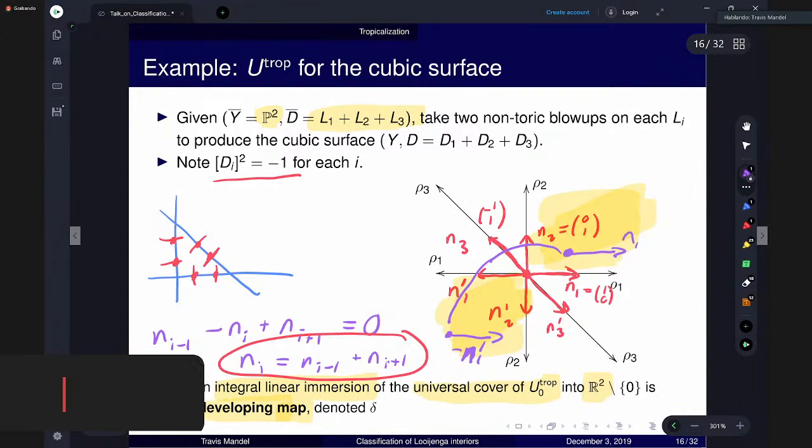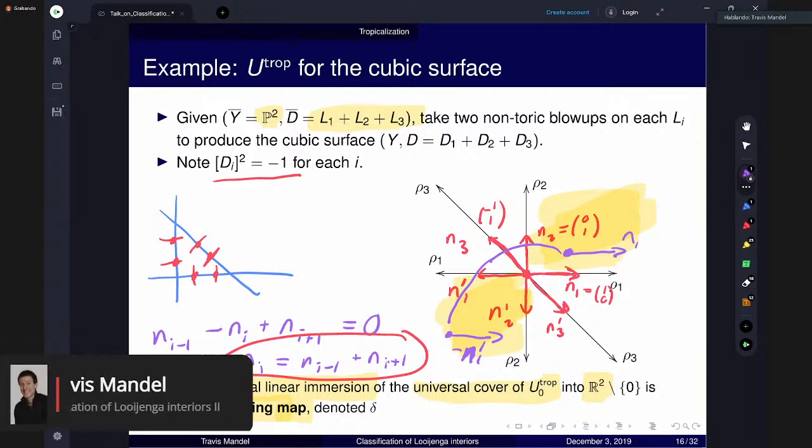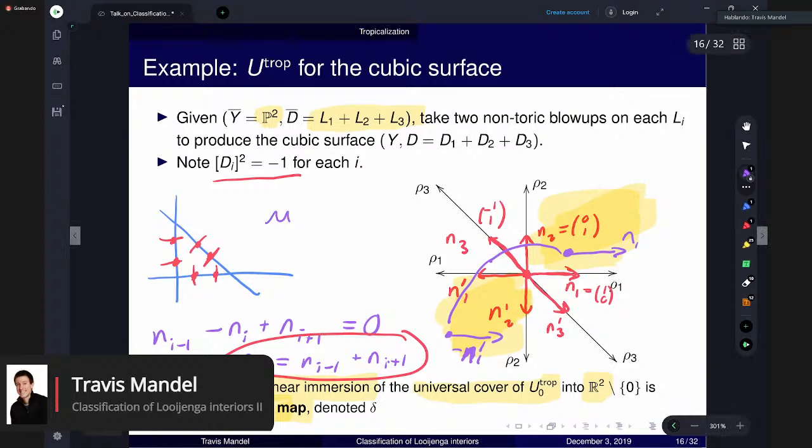On this sheet of U-trop, it looks like it's parallel to negative n1 instead of parallel to n1. So the monodromy here is negative the identity matrix. Every vector, after you go up one sheet on the universal cover, looks like it's pointing the opposite direction. So the monodromy mu, I'll talk about more on the next slide. In this case, it looks like the negative identity map.